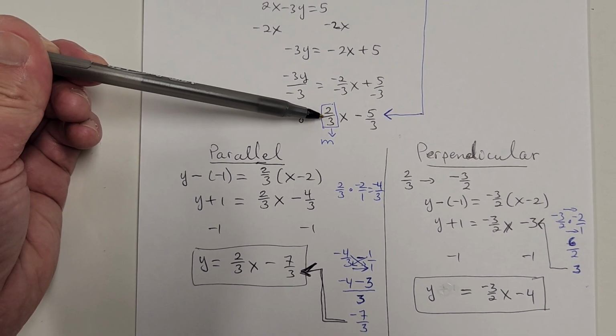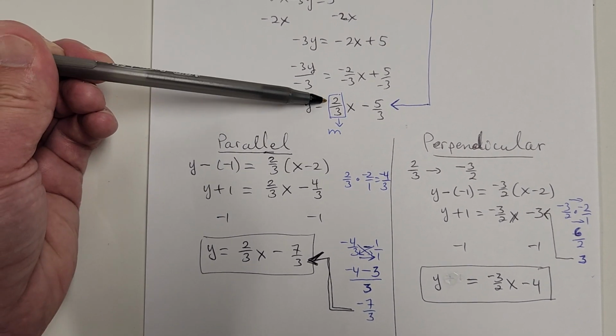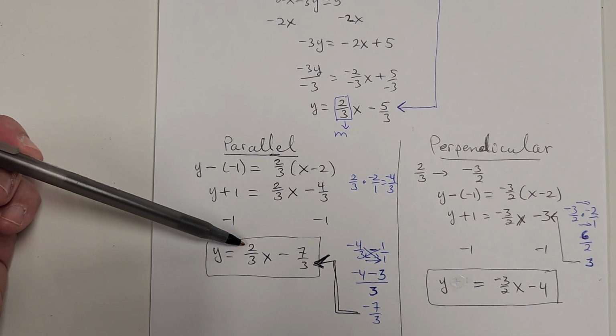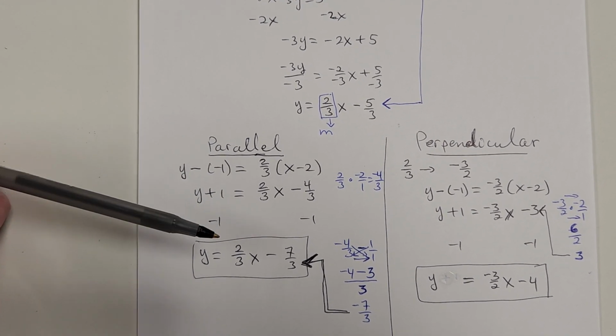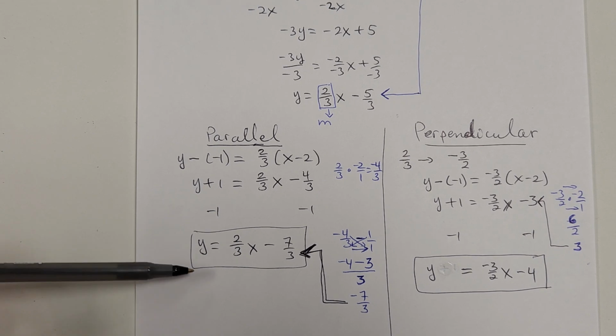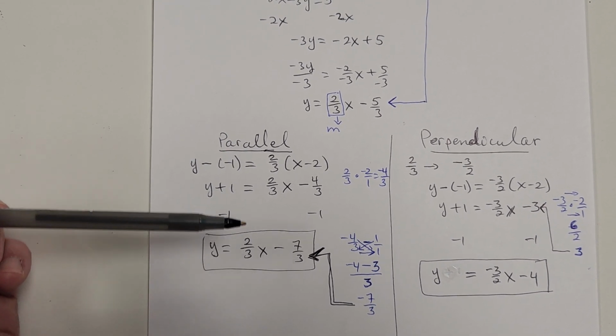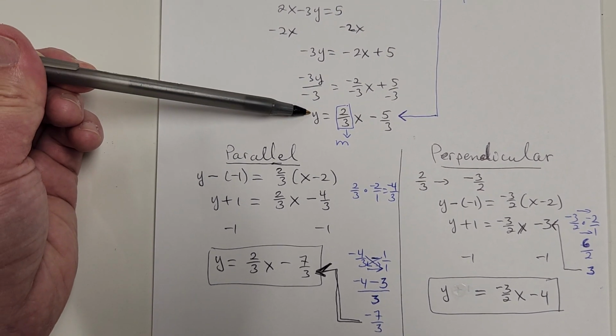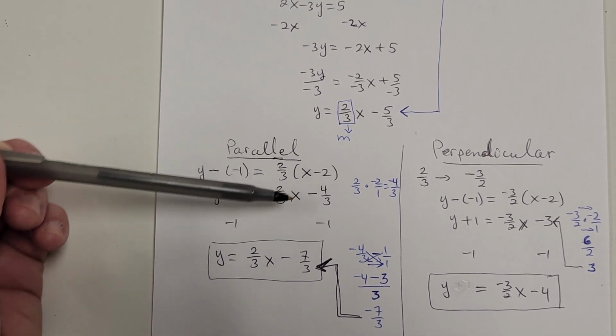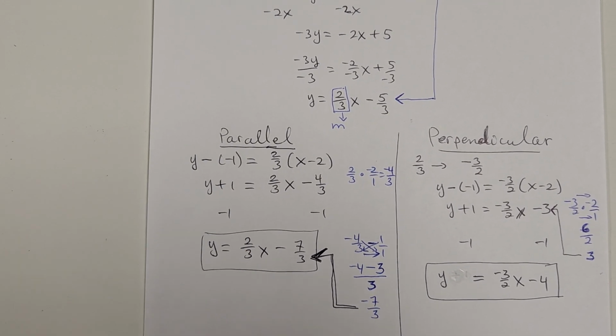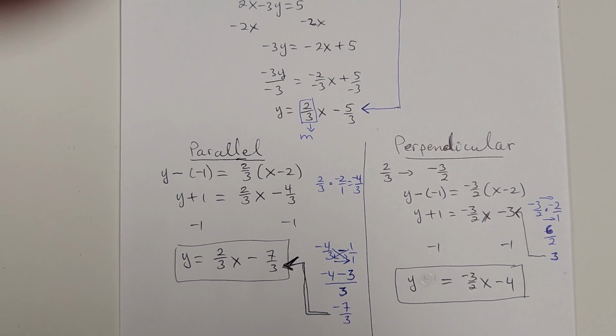Because I have the same slope, as you can see, 2/3, 2/3. So that's for parallel. Now let's do perpendicular.